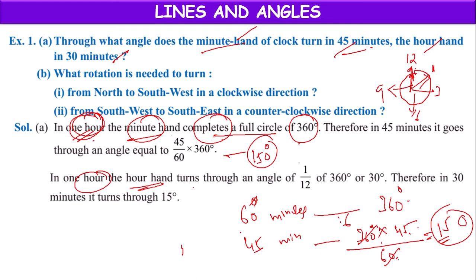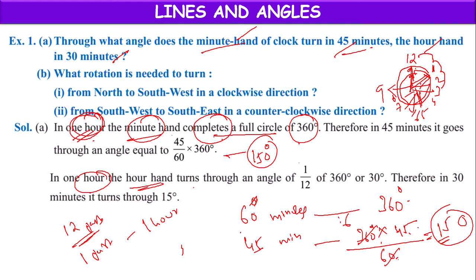The clock, according to hours, is divided into 12 equal parts, such that after 1 hour it comes to 1, the next hour 2, the next hour 3, like that. Each one part will be equal to 1 hour.